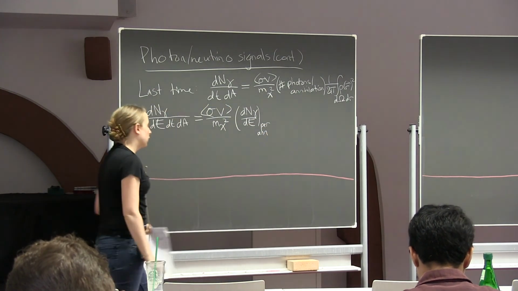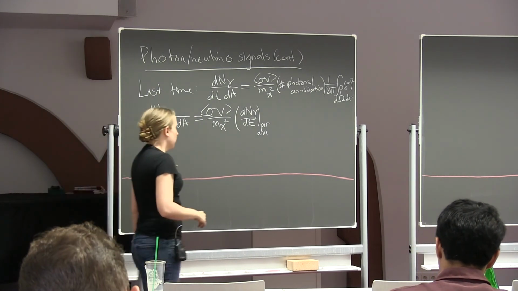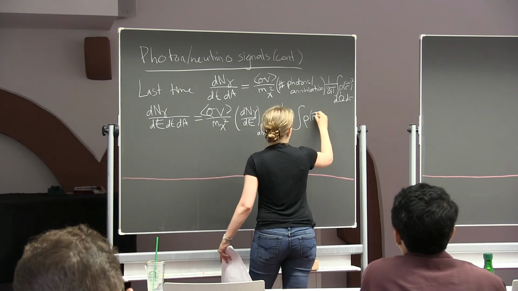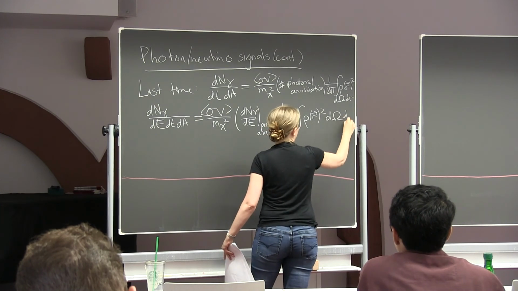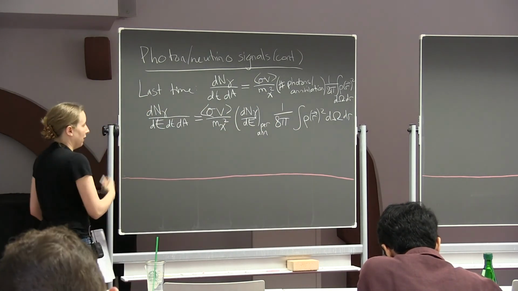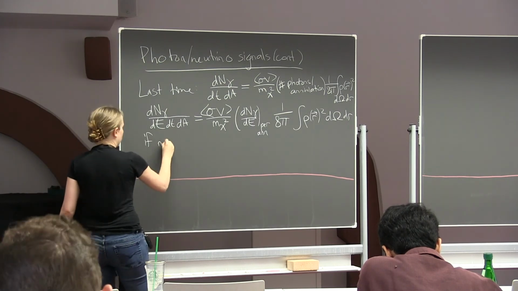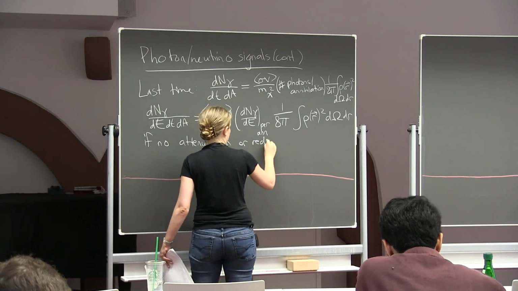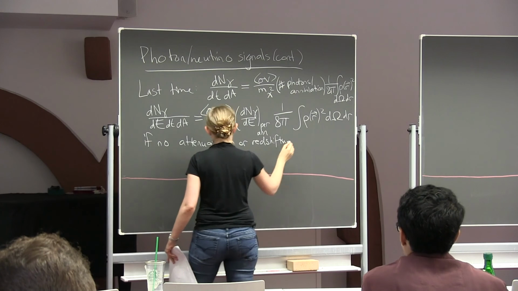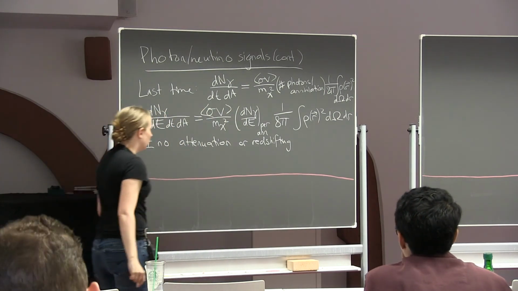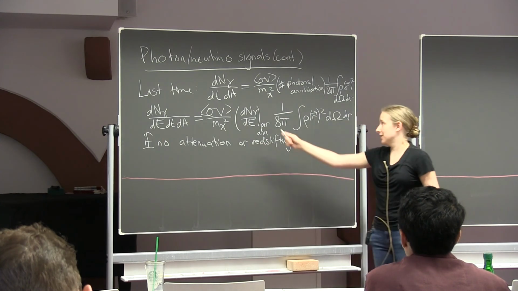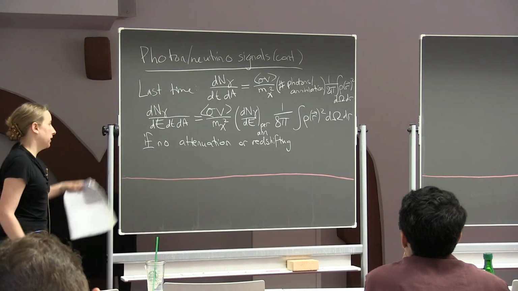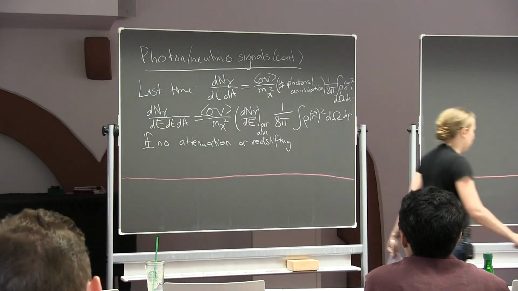So you take the spectrum of photons per annihilation, which you get from your favorite Monte Carlo code or favorite analytic calculation, and particle physics is separated from the astrophysics, and everything else is just the same if there is no attenuation or redshifting. So this is nice because the spectrum we see is just exactly the spectrum that we compare to particle physics. Now, of course, if there is attenuation or redshifting, you have to be a little bit more careful about this.